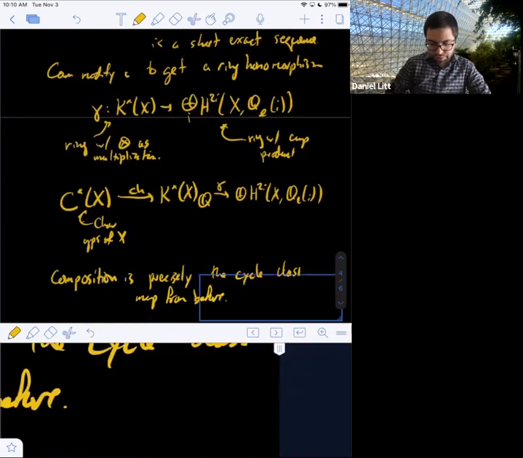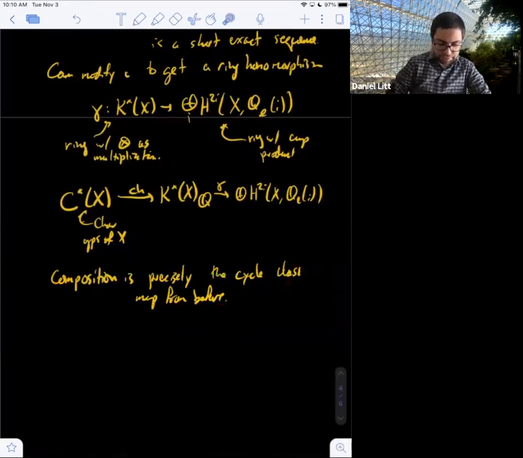So what that shows, if you believe this fact, which is highly non-obvious, is that this cycle class map is actually a ring homomorphism. Meaning you can compute, for example, intersection products in Chow groups in terms of cup products in étale cohomology.